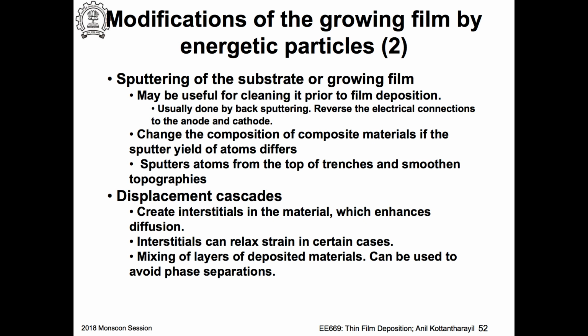Another technique people use is to use a reactive plasma for cleaning. For example, if you use oxygen plasma, any organic substances or any material that has a volatile oxide can be cleaned using an oxygen plasma.